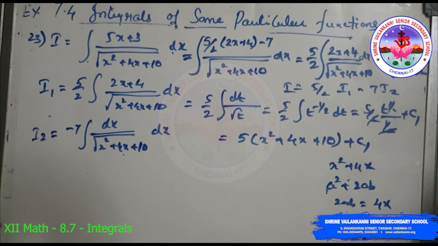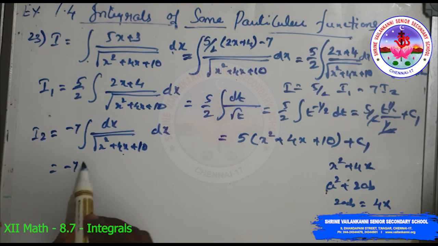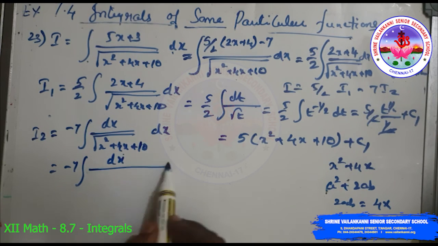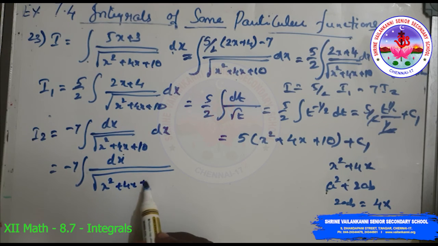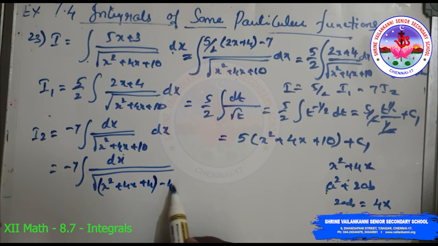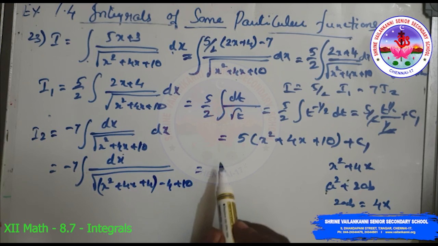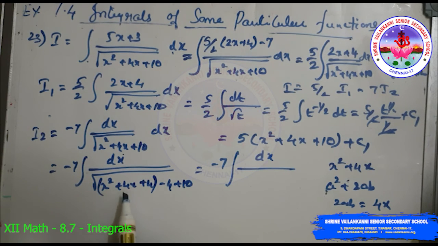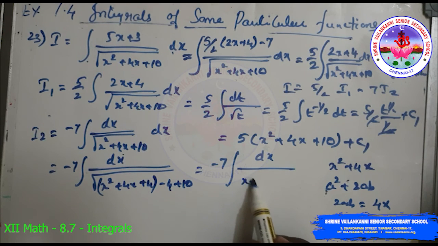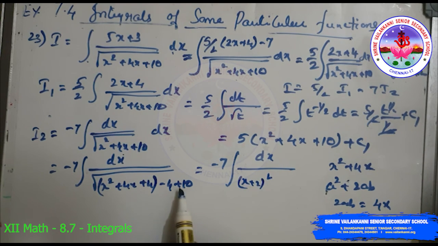We have to add and subtract b square, that is plus 4 and minus 4 in this quadratic expression. So which is equal to minus 7 integral of dx by root of x square plus 4x plus 4 minus 4 plus 10. So x square plus 4x plus 4 is x plus 2 whole square.